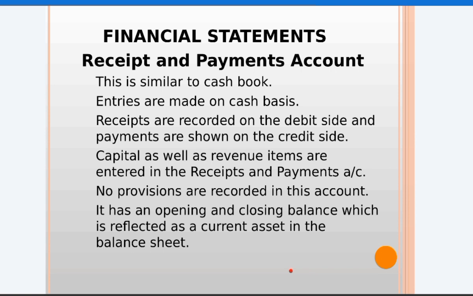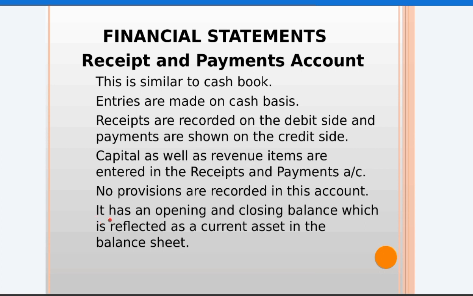So we are saying, therefore, that capital as well as revenue items are recorded in the receipts and payments account. Then we are also told that no provisions are recorded in this account. In other words, we only record cash transactions, and cash transactions involve receipts of cash and payments of cash. And of course, we do not distinguish whether they are capital receipts or capital payments, or revenue receipts or revenue payments.